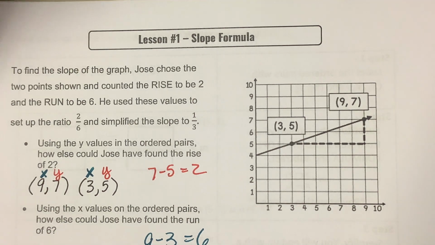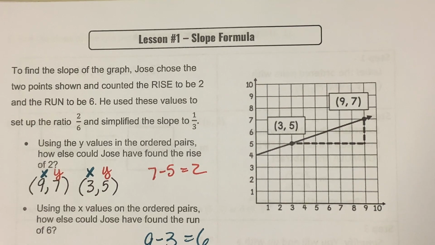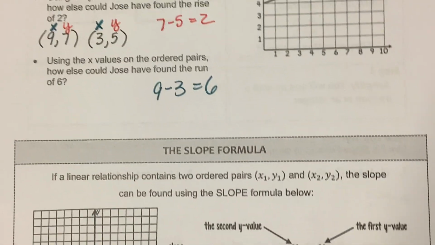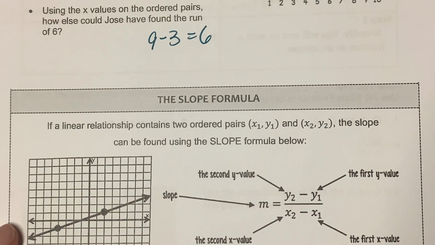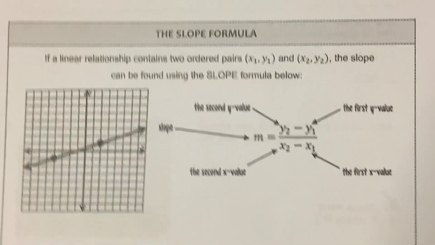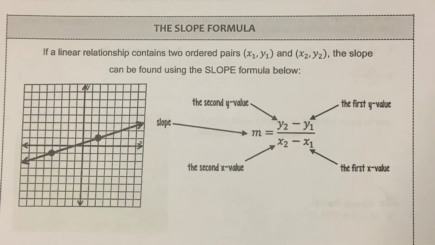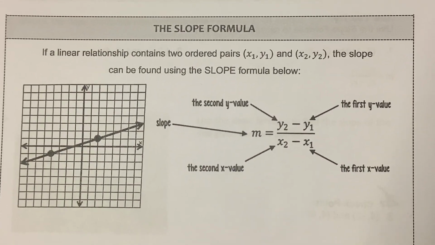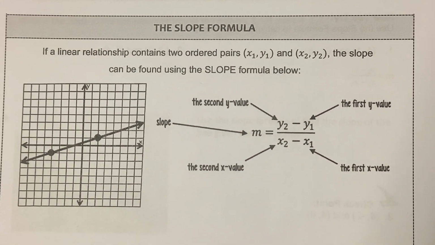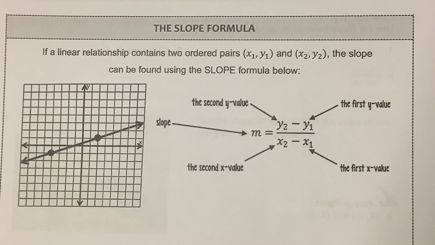Okay, if a linear relationship contains 2 ordered pairs, and we're going to call them (x1, y1) and (x2, y2), just for simplification, and it doesn't matter which one you call (x1, y1) and which one you call (x2, y2), the slope can be found using the slope formula.